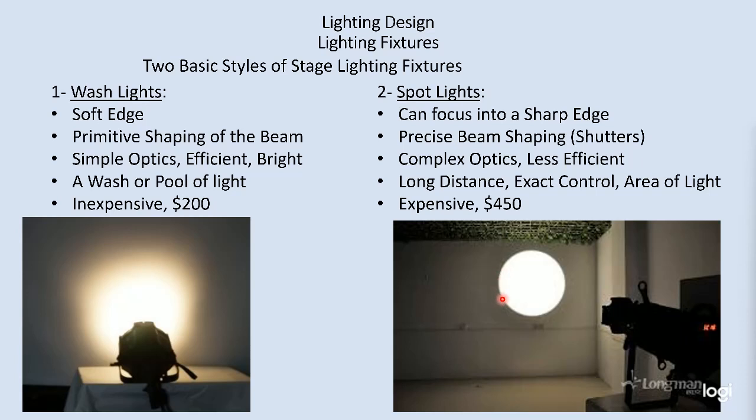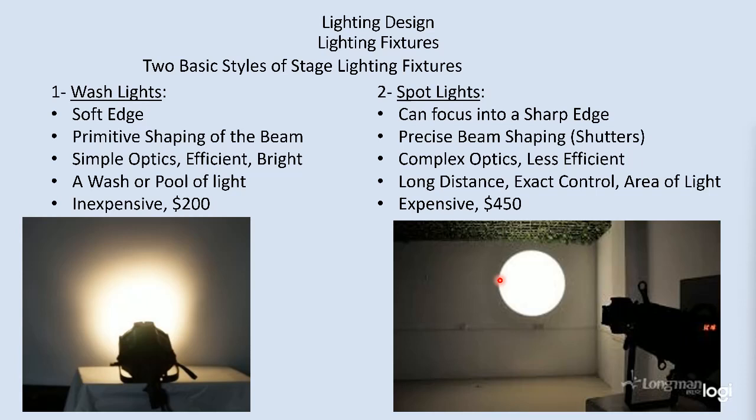This precision allows for very sophisticated beam shaping, like the shutters on an ERS that allow us to cut off of scenery or to shape a light into a specific space. Their optics are relatively complex. They definitely have optical lenses, and those lenses require a certain amount of precision. So therefore, they're a little less efficient.